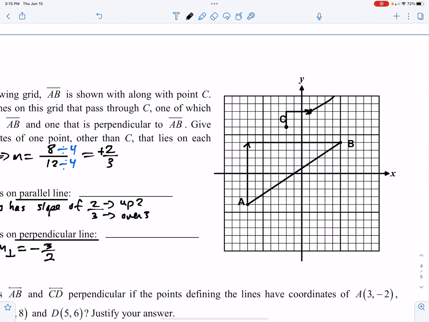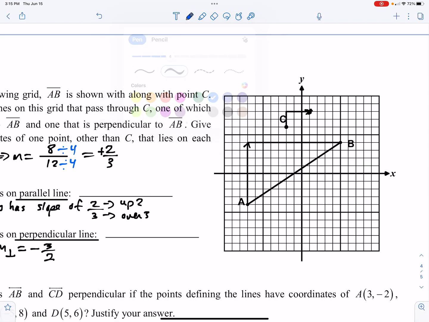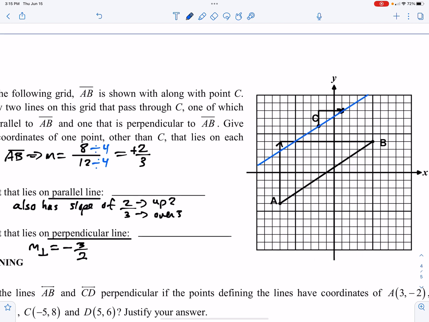And I'm going to draw a line through those just like that. Okay, and there's the parallel line. Let me do that in a different color just to make it stand out a little bit.